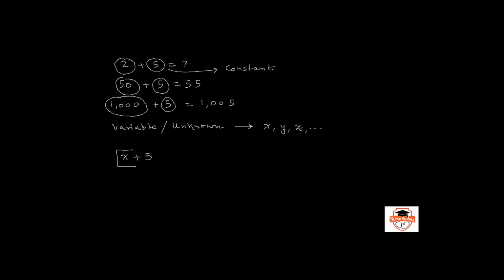X plus 5 is known as an algebraic expression in one variable, that is X, and note that X is just a dummy or an alias name for a number that we do not know or one that can change. The number 5 or positive 5 is the constant in the expression.